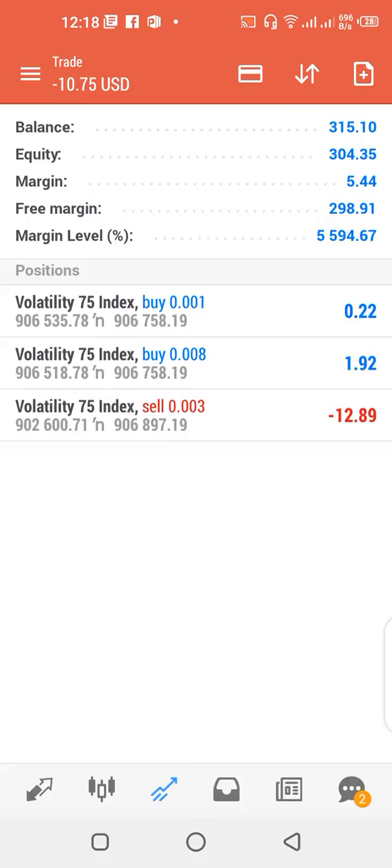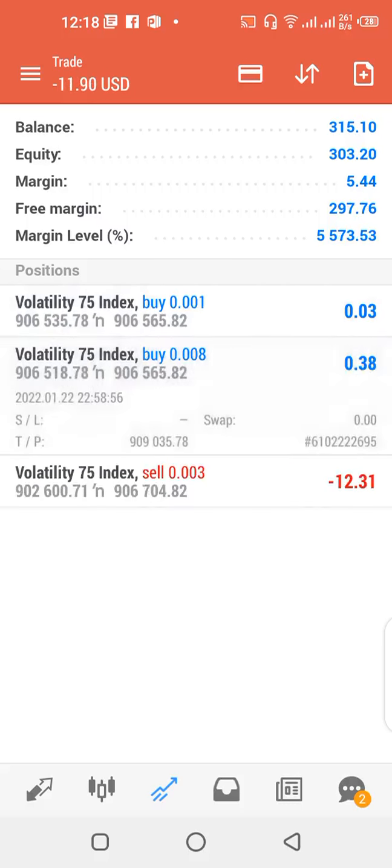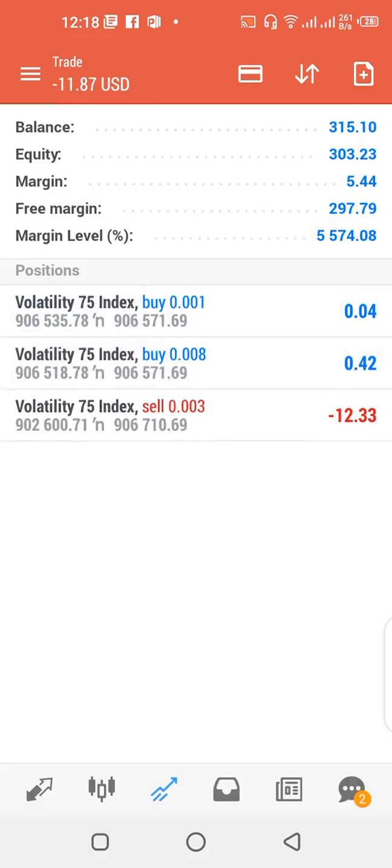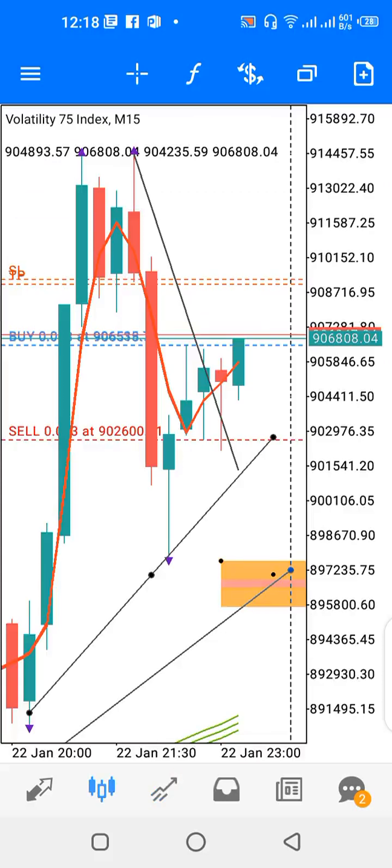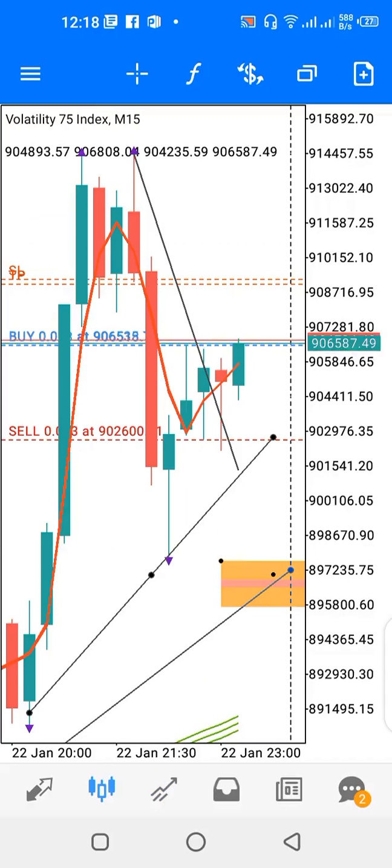You can see the buy trades are now in profit. So as price continues to go up, the buy trades will be more in profit, and my balance will get to break even and then close out with some profits.